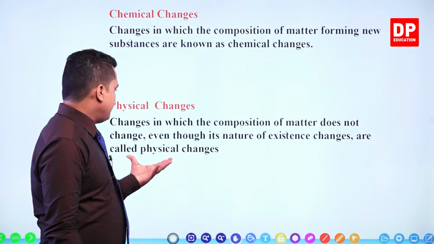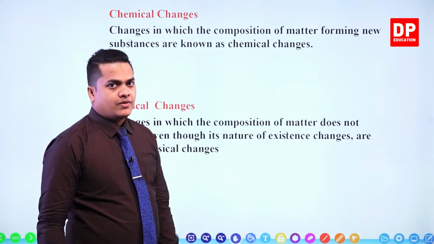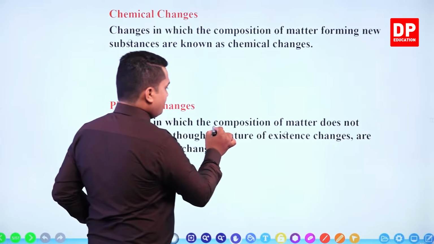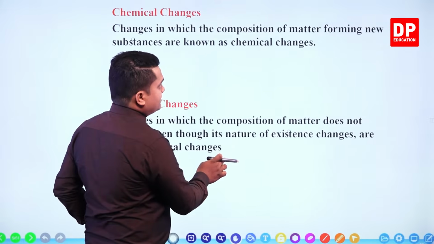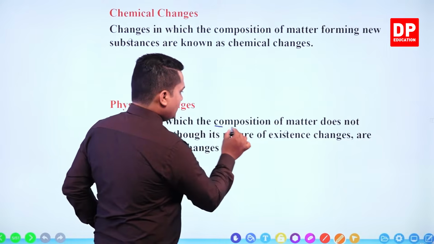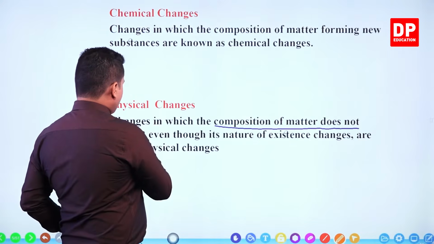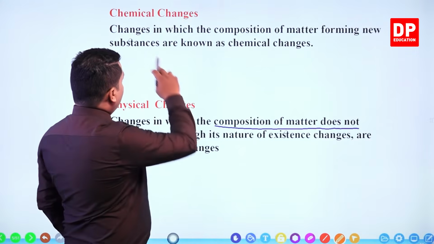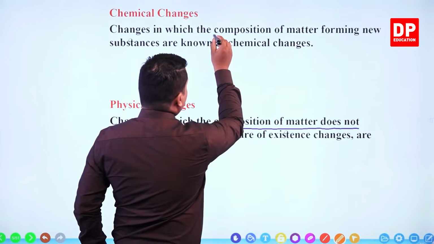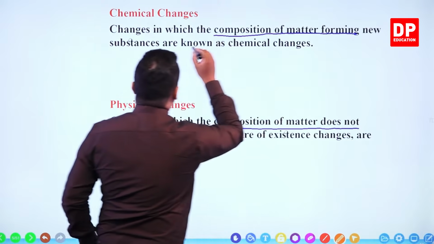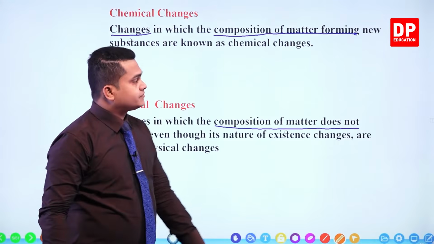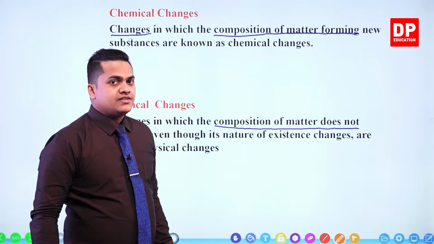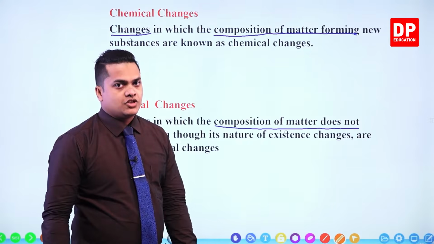So in a physical change, the composition of matter does not change. But in chemical changes, the composition of matter is going to change. So this is the main difference between physical and chemical change.